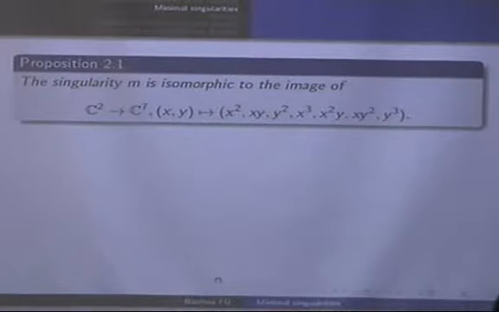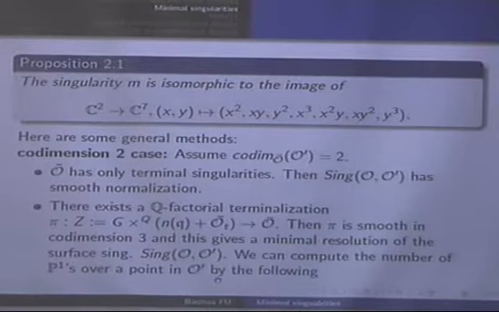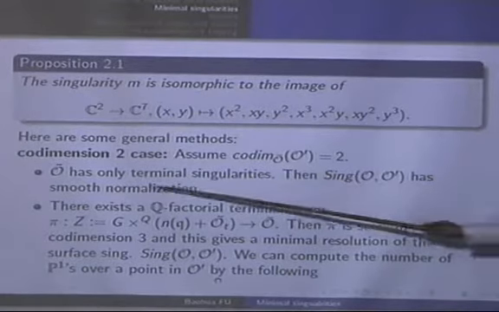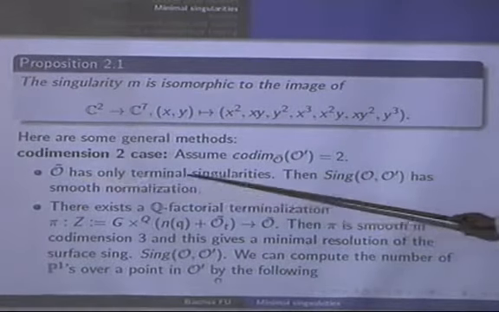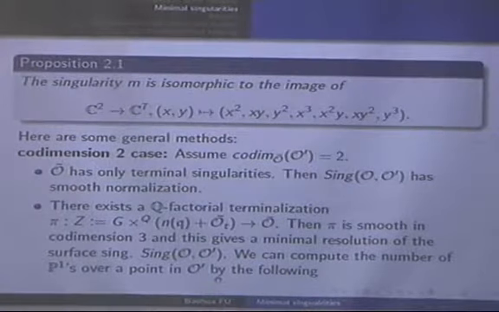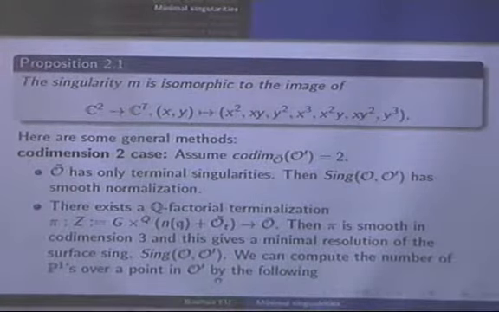So in general, the same method holds for the codimension 2 case essentially. So for the codimension 2 case, if this O tilde has only terminal singularities, then the situation is somehow similar to this one. The normalization is smooth.